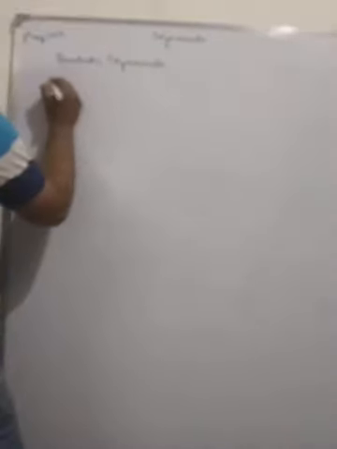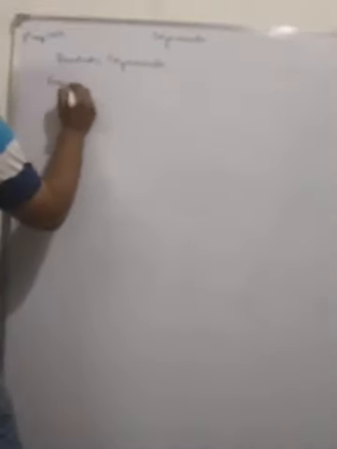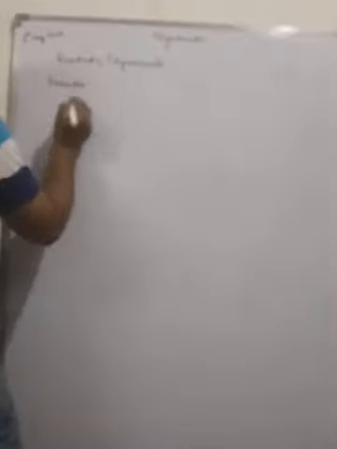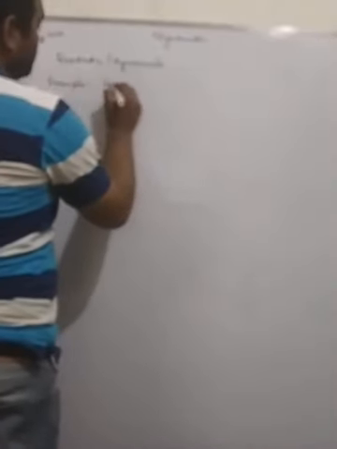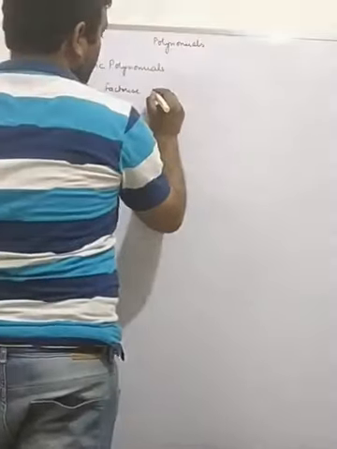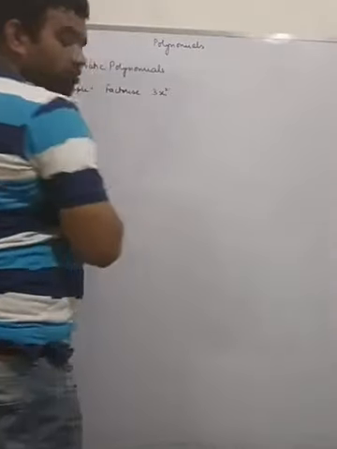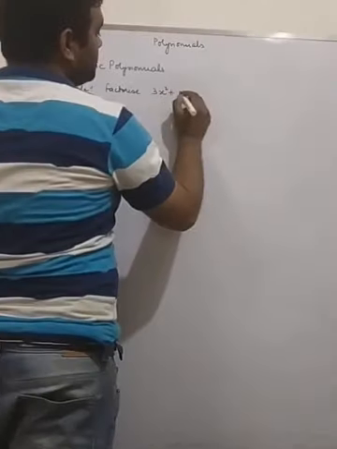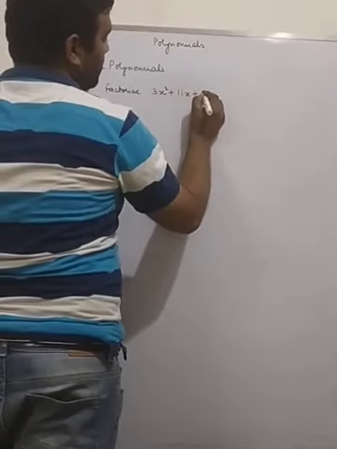So first example, I am going to take: factorize 3x square plus 11x plus 6.